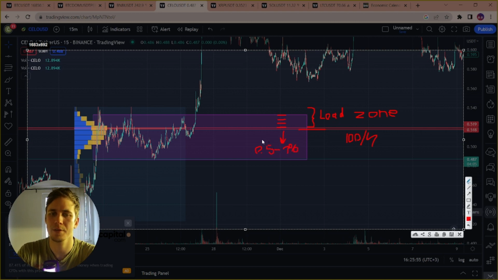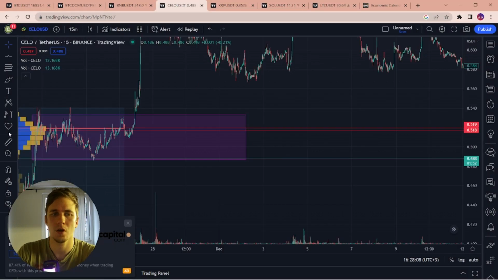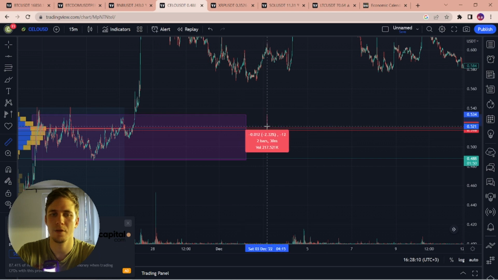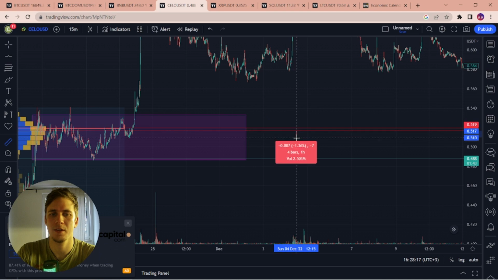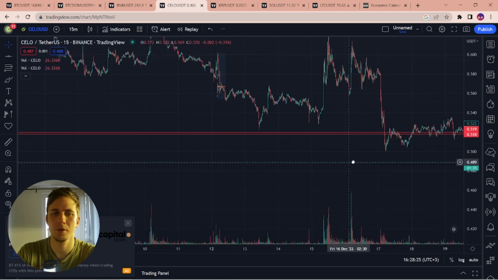We have the stop loss here because the huge player will be struggling not to let the price go lower than this maximum volume zone. So here we have 2 and 5% loading zone, and finally here we have the stop loss. And look at this.